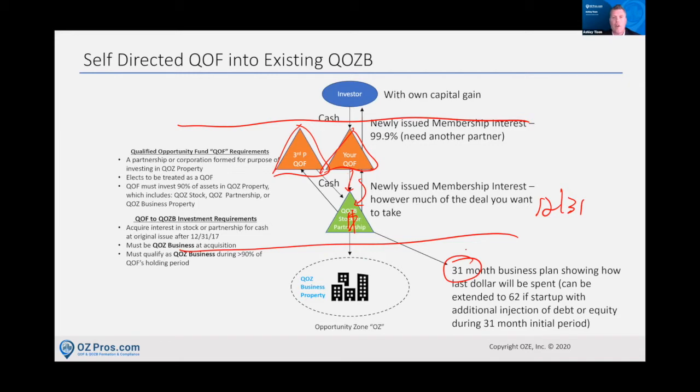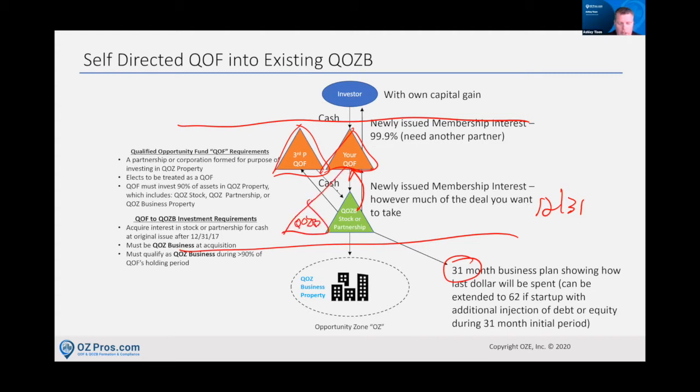Now, a lot of folks have dropped their cash into a QOZB and they're still out there hunting deals. What they can do is take that cash and pull it back from the QOZB up to the QOF. And if they want to flush this out, they can flush it back into a different QOZB.